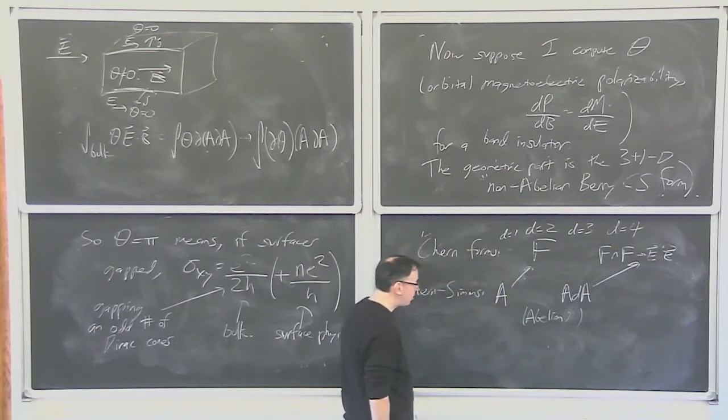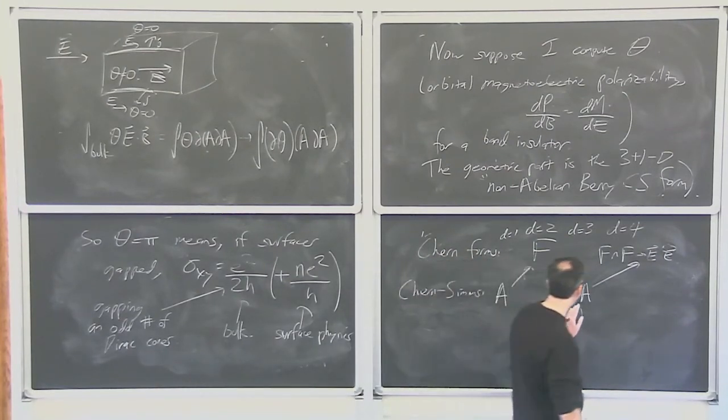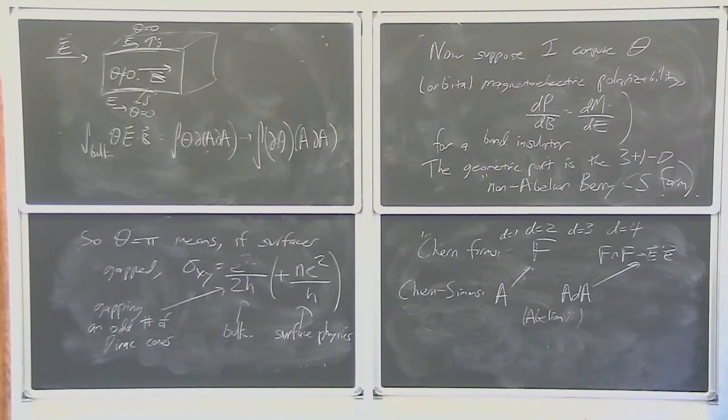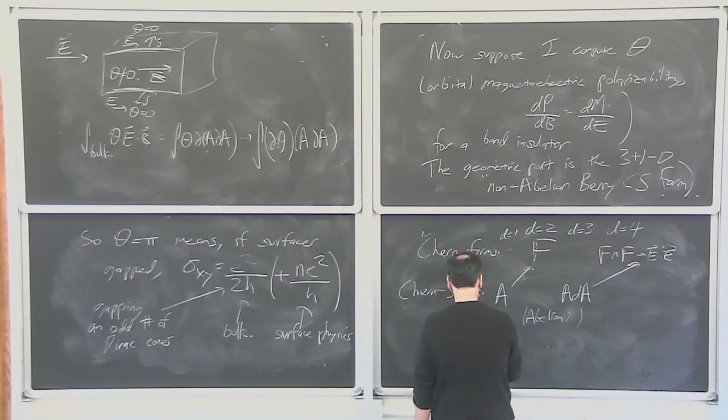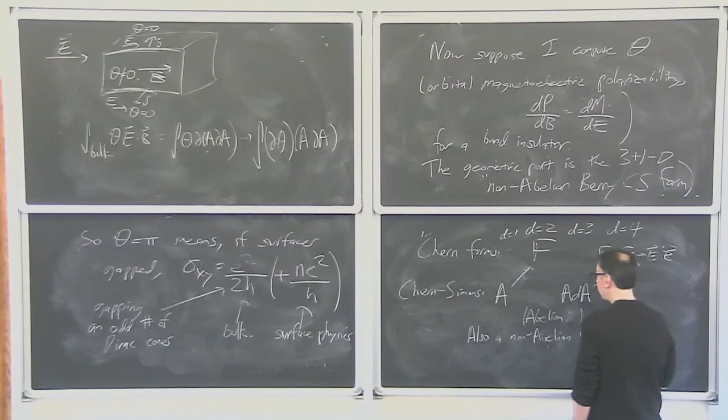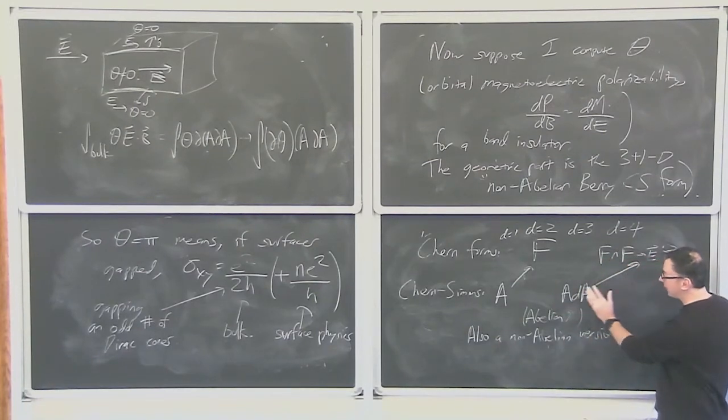But in general, there is also a non-abelian version of this, which has an extra term like AAA. Three powers of A would have the same power counting. And that is a well-known object in field theory, but it turns out it's even important in solid-state physics. So if we were talking about electromagnetic fields, this is how it would work.